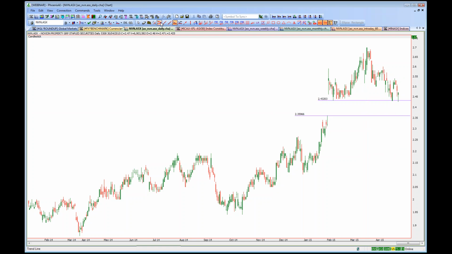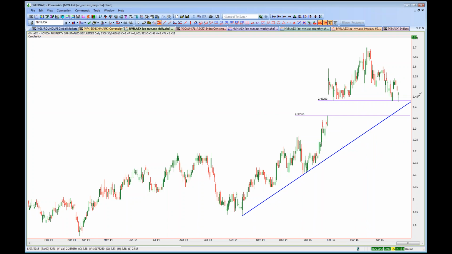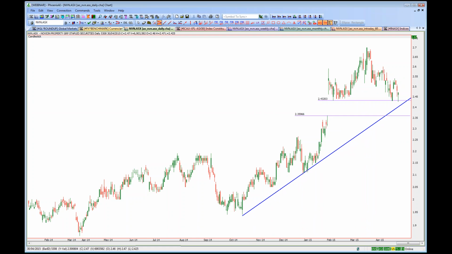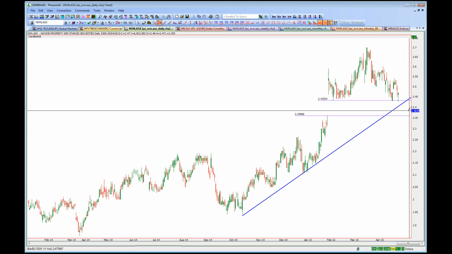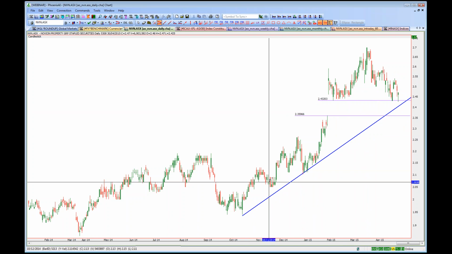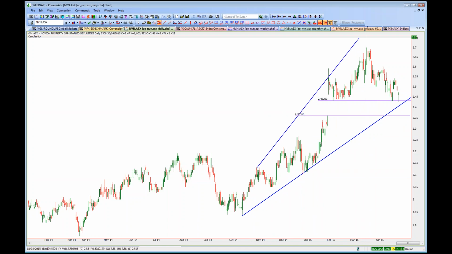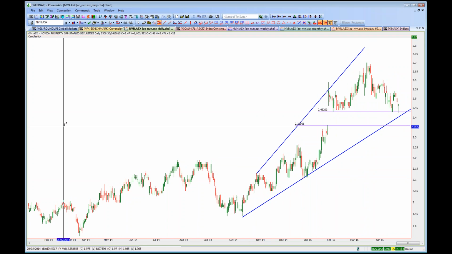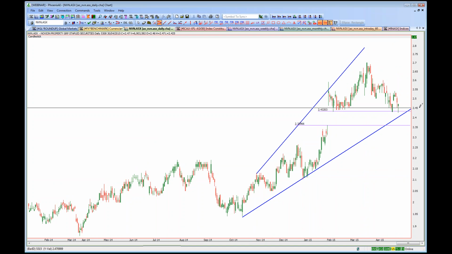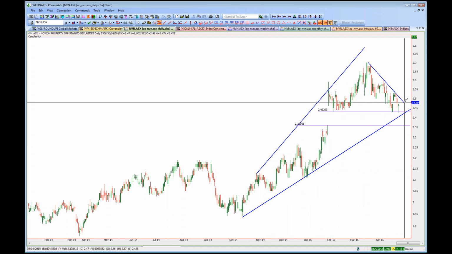Now, having a look at the trend, we are still inside this point. Okay, so this is your uptrend. It also is a potential broadening formation, by the way. So there's an upside move. So if this can consolidate, we'll be looking for an upside.